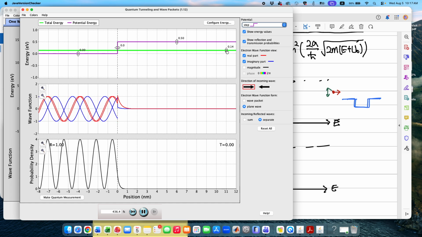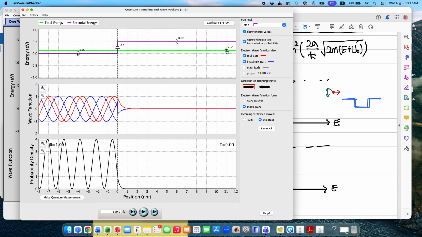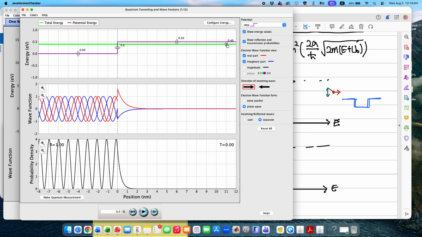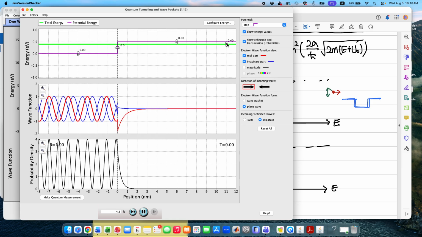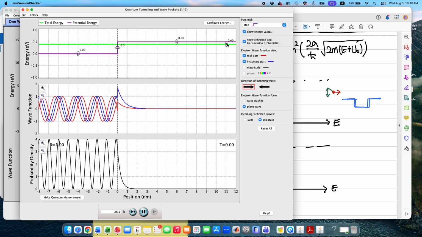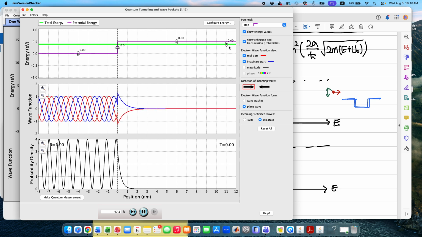For example, if I increase this one further, the penetration is getting longer and longer, and at a particular location the probability increases. That's what you would expect, because a particle having higher energy will seep further into the wall. That is an interesting part.